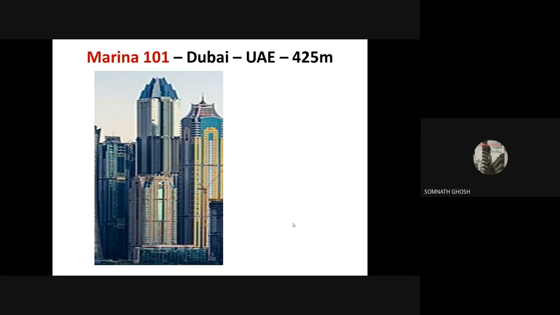This is Marina 101 in Dubai, 425 meters high, the highest tower, because all the towers are not of the same height, but they are very close to each other. And when the towers are very close to each other, and when there is extreme wind, there may be buffeting effect, interference effect.